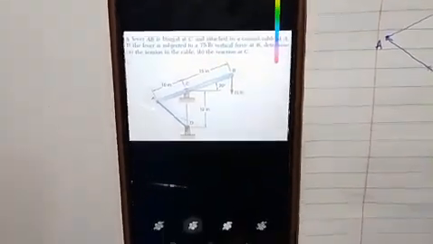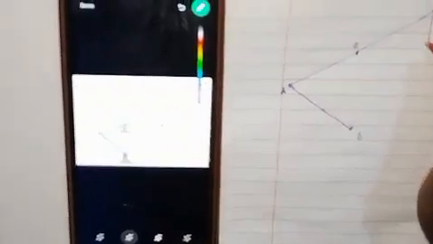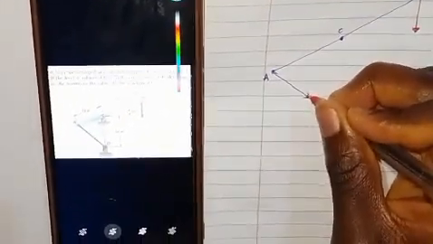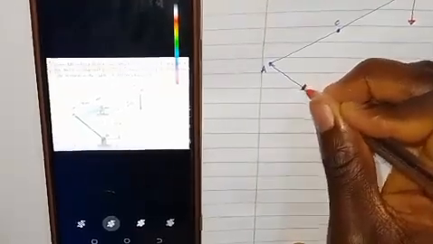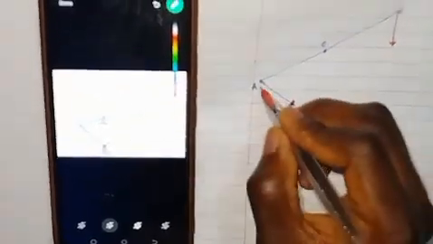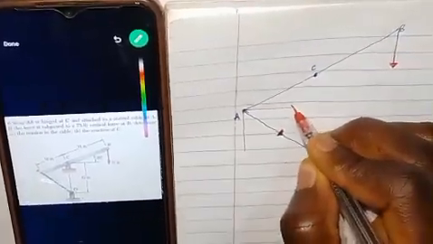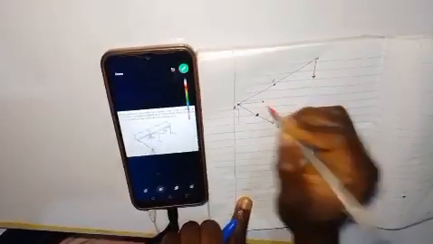We are having a force here. Then we are having a tension in this case. So the tension will have this component and this component, if you want to expand it.